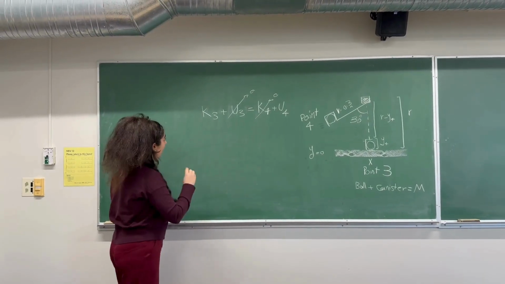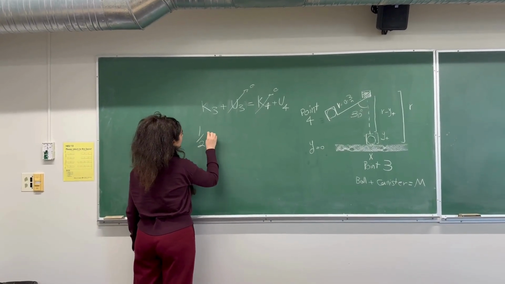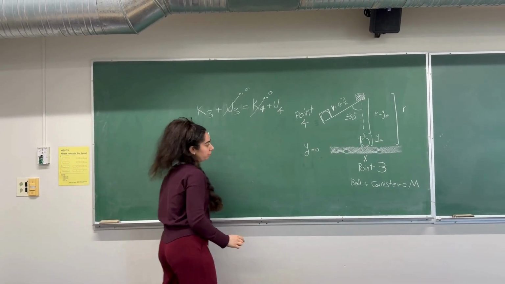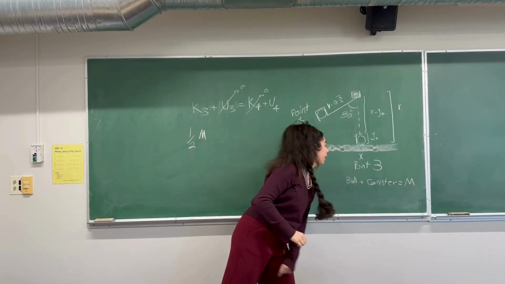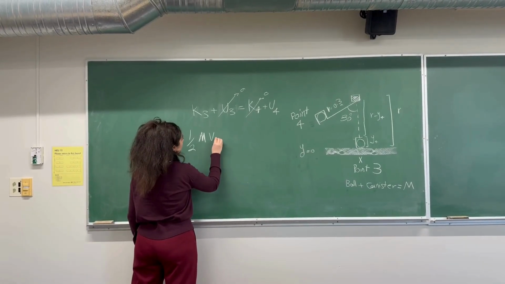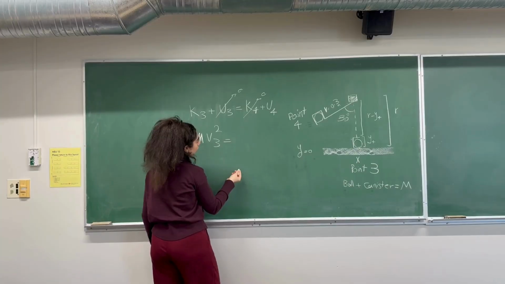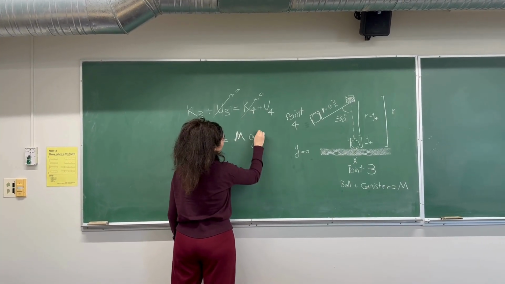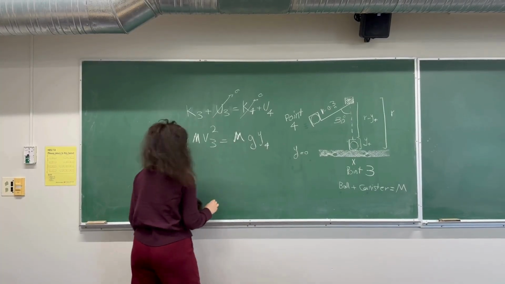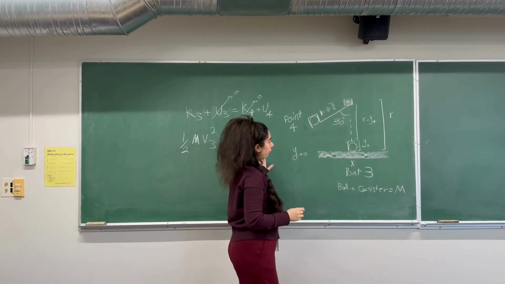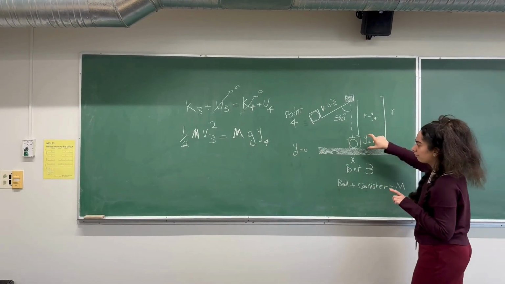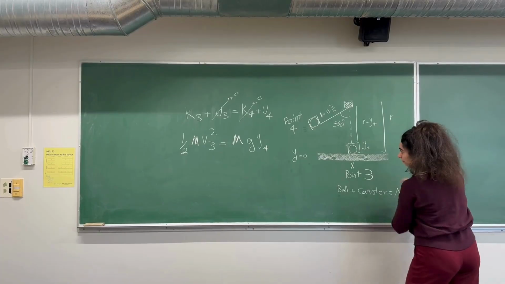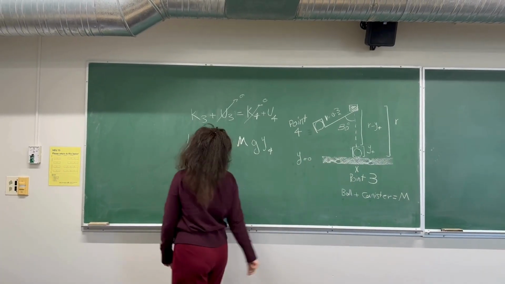So what we have here is 1 over 2 m, which I call m_bc because it's ball and canister, v3 squared equal to m g y4. I want to talk a little bit about y4. I think I already mentioned that y4 is the pendulum height from y0, and we will figure it out in the next part.